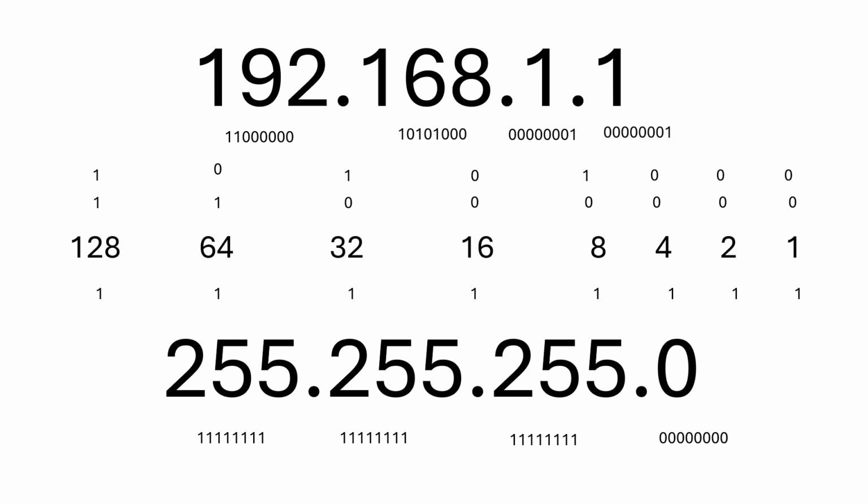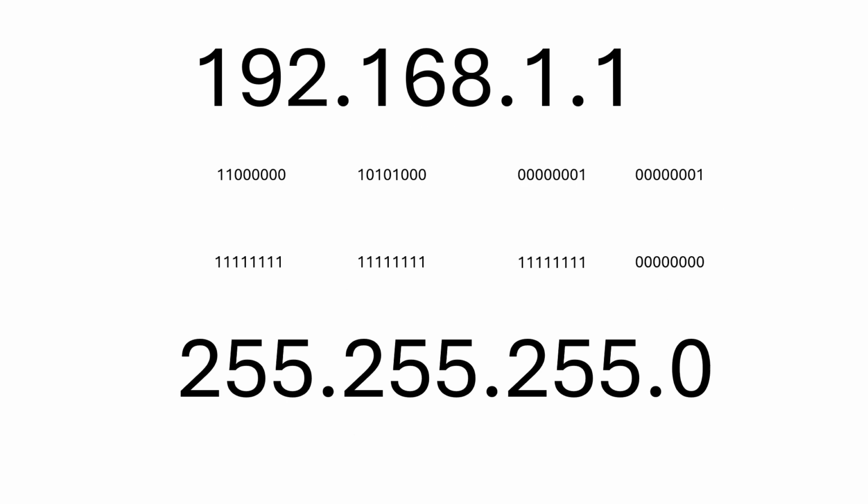Now that we have converted the IP address and subnet mask to binary, let us see how the subnet mask helps us identify the network address and host address. Let us compare the binary values of the IP address and subnet mask bit by bit. So each bit against each bit. In the subnet mask, these ones represent the network, and these zeros represent the host.